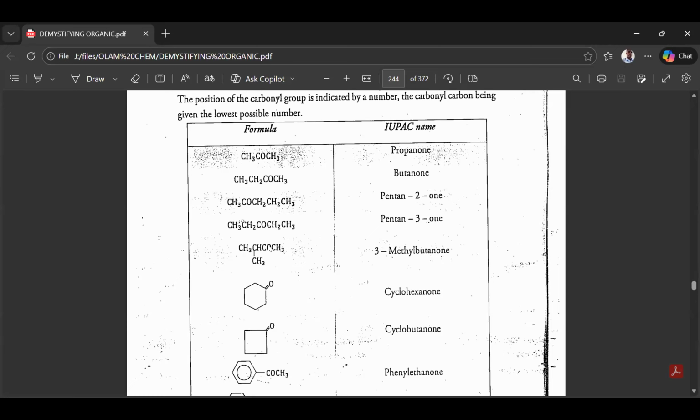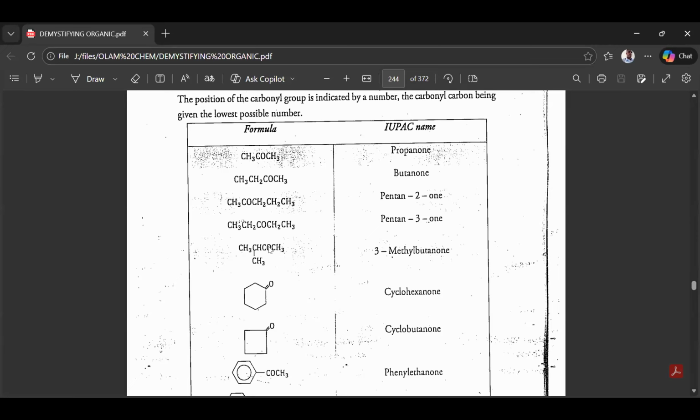So if our carbonyl group is at position 2, then it means this methyl group is at position 3. You cannot say the carbonyl group is at position 2, then the methyl group is also at position 2. You first identify the position of the functional group, that this one is at position 2.